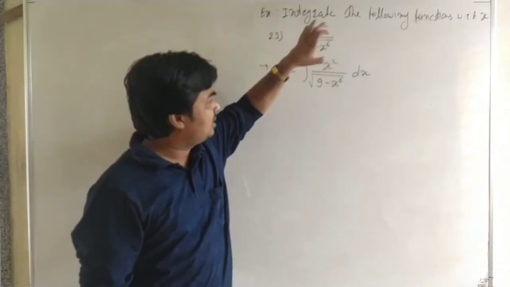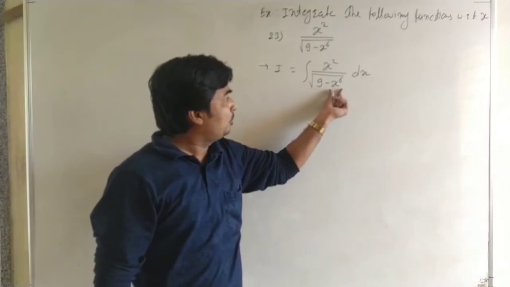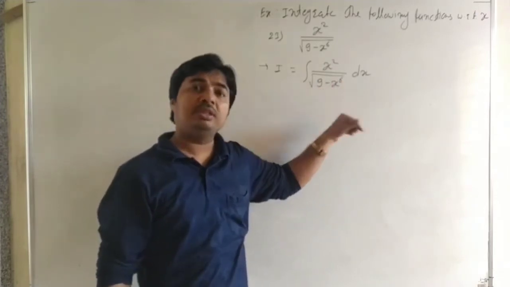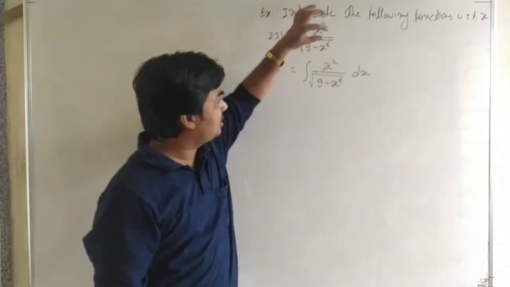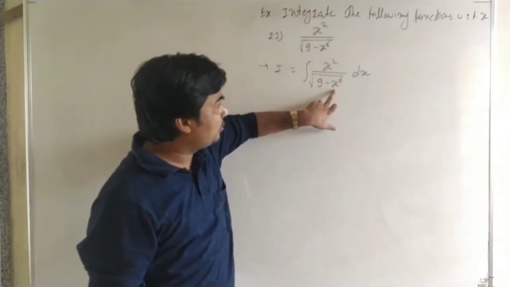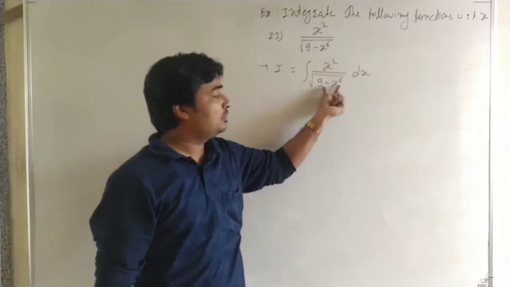See carefully: when we put x cube, then its derivative becomes 3x square. We put x cube equal to t, then x to the power 6 becomes t square.